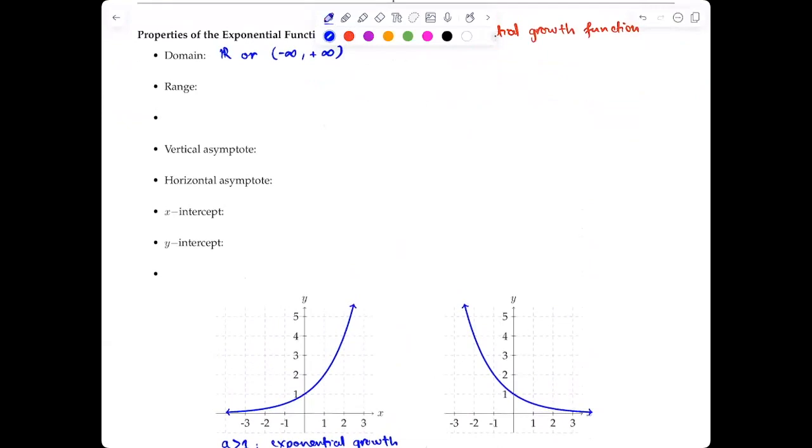So you get the domain of the exponential function already. What about the range of this exponential function? The range is 0 to infinity. It's not going to include the 0 on the left-hand side, the left endpoint.